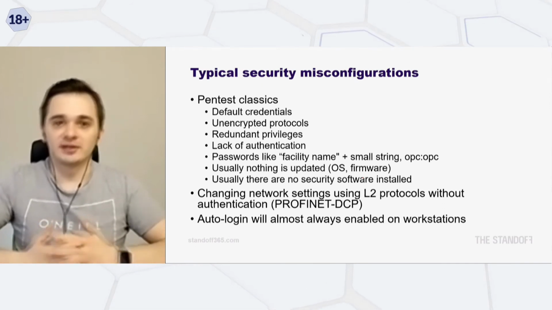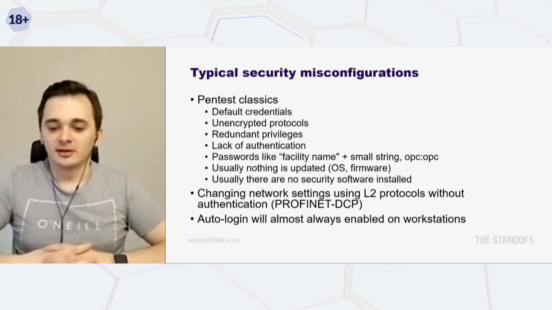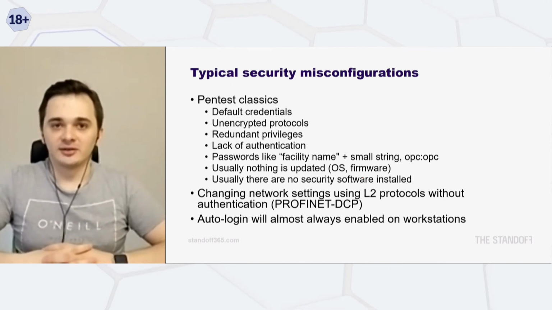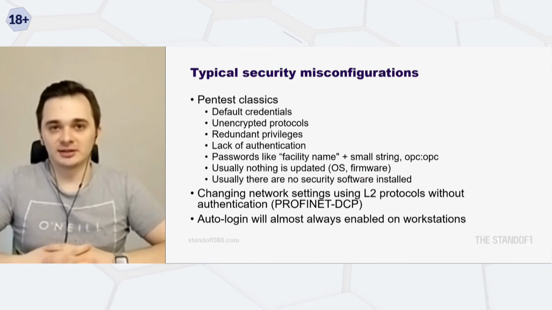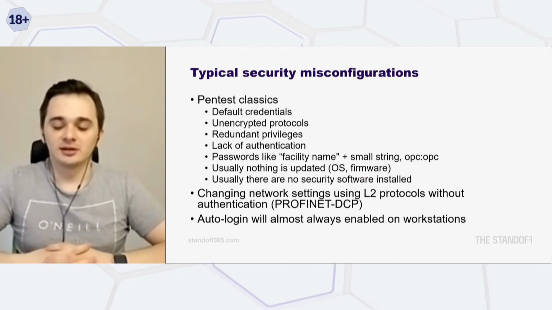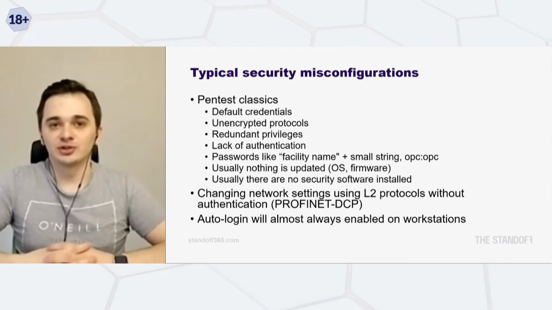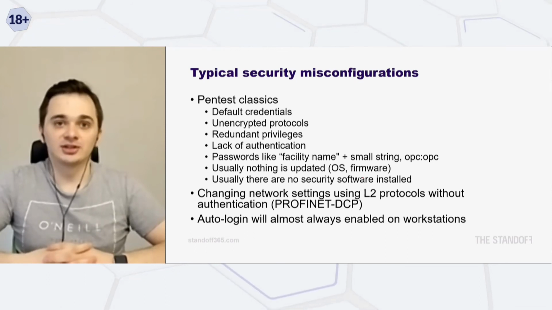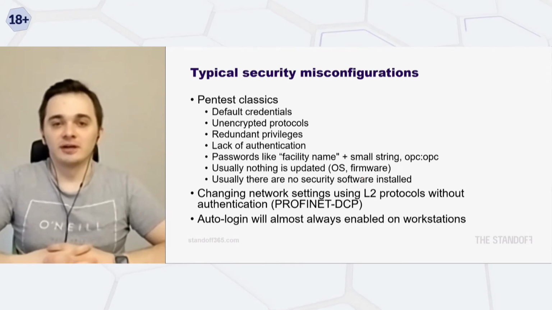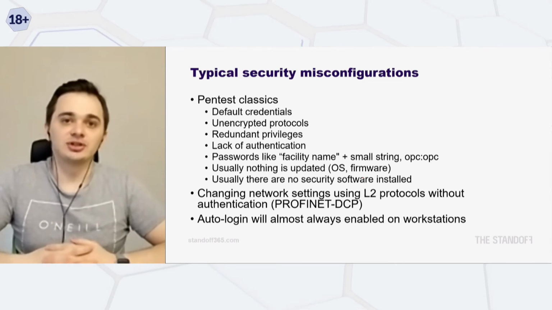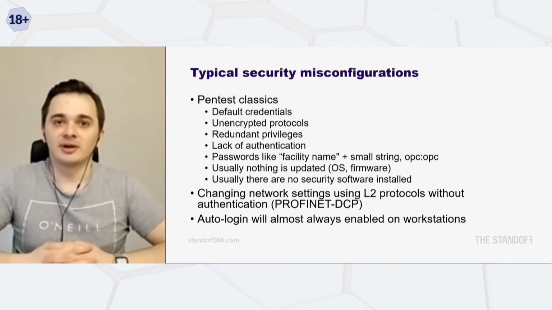And what also happens quite often, auto login is enabled at the operator stations or workstations. This is because of how operators organize their work. Auto login enables entry into the machine when it's disabled. You will go inside, you can enter the system, open the kiosk mode.